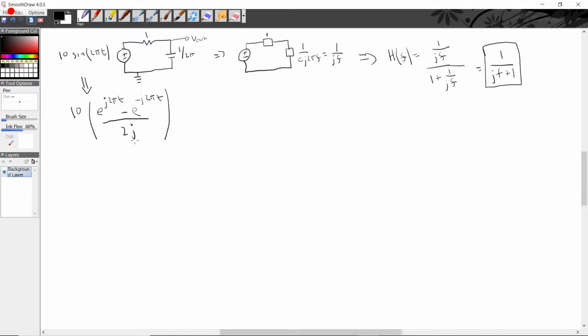So here's the central lesson of dealing with sinusoids. You convert to complex exponential form, and then you input each complex exponential separately into the circuit. And why do you input a complex exponential into the circuit? Well, that's because for every LTI system, inserting a complex exponential spits out a complex exponential. And furthermore, the frequency must stay the same for that complex exponential.